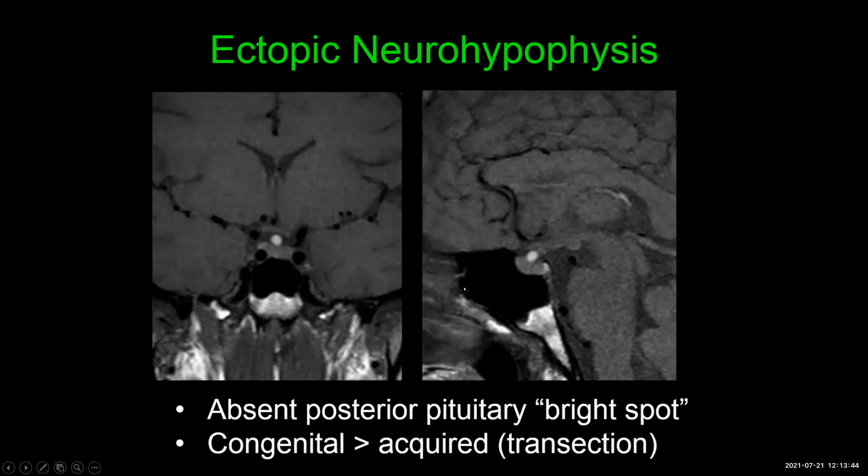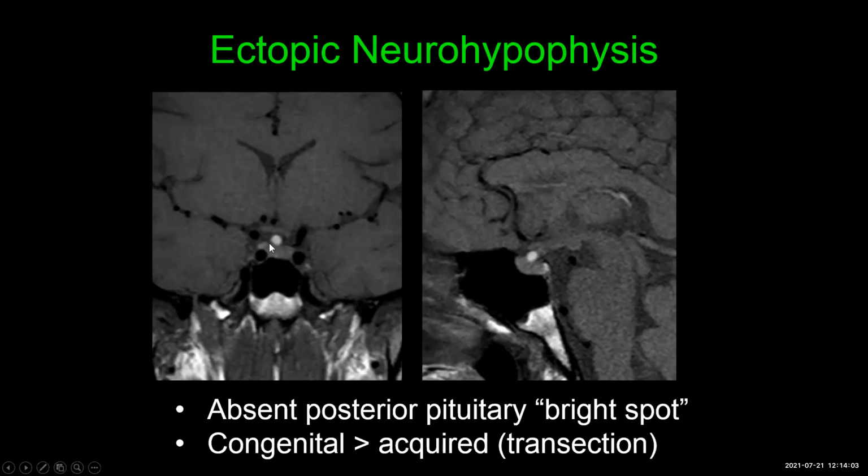Now, remember we talked about the normal pituitary bright spot, which is supposed to live in the back of the sella. Sometimes that neurohypophysis, that posterior pituitary bright spot, never makes it down there, and it gets arrested in the suprasellar cistern.